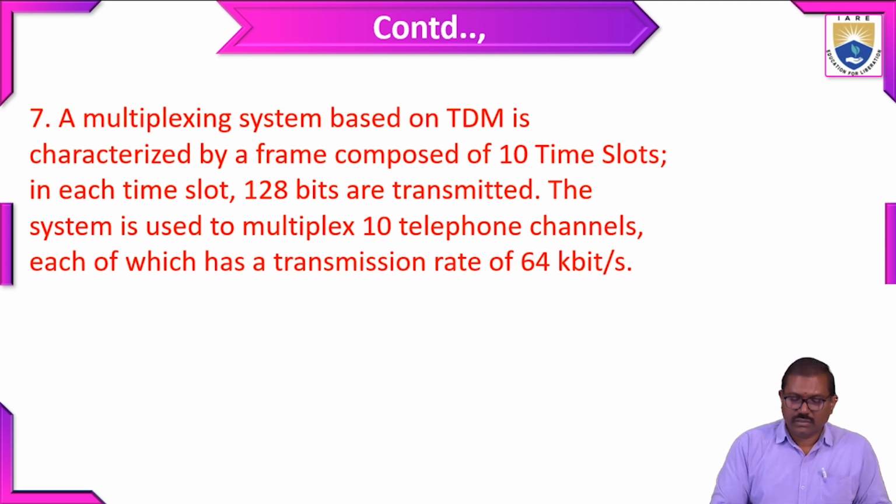So first take the transmission rate of the multiplexer. What is the transmission rate here? 64 kbps. So 64 kbps into how many channels are going to multiplex here? 10 channels.